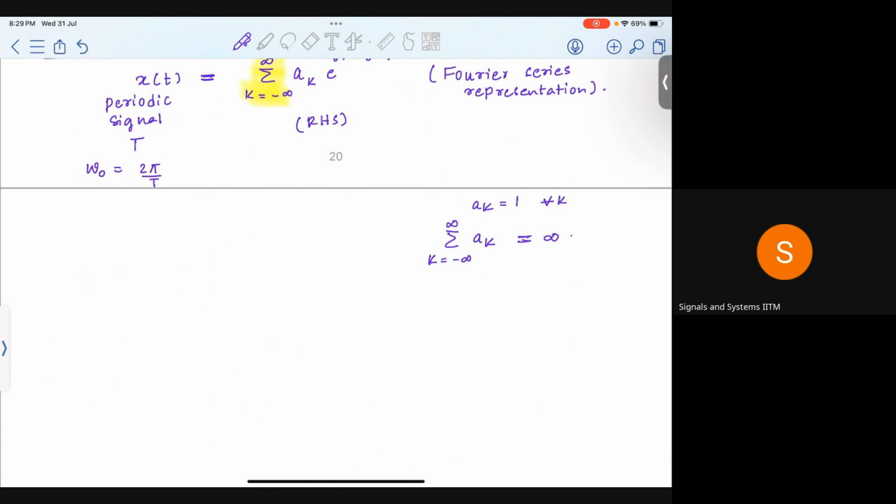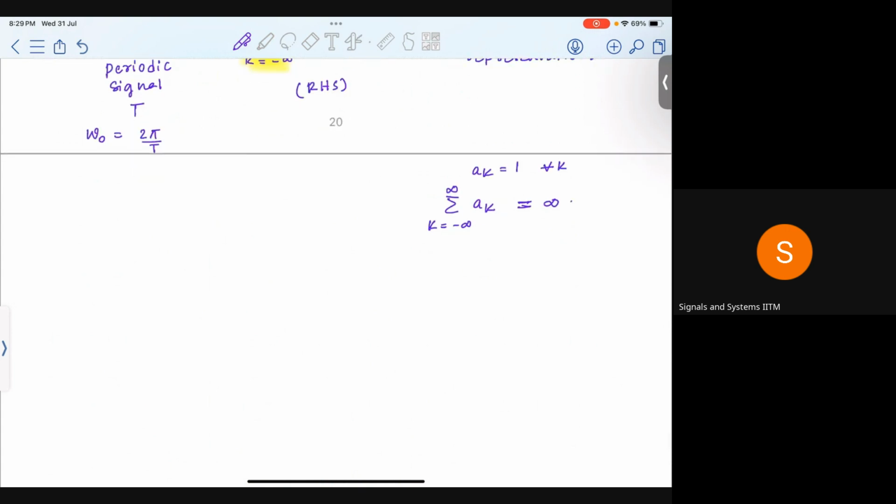When do we say a sum is converging? We say a sum is converging if that sum, maybe some function f of t or k, converges to some value, say L, that is less than infinity. Then we call such a sum a converging sum.